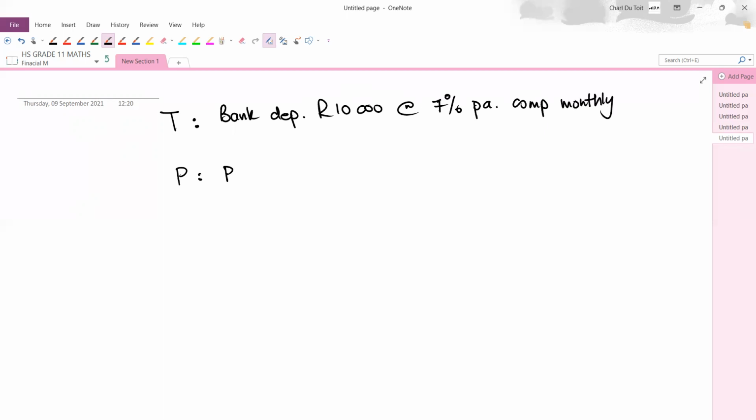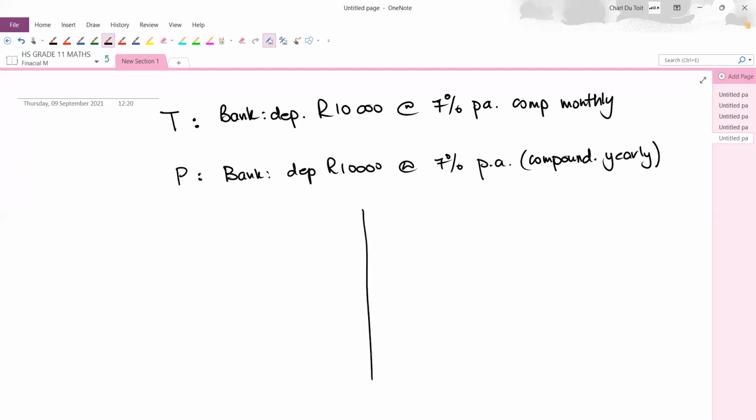And Peter is also going to go to the bank and deposit 10,000 rand at 7% per annum. This means compounding yearly, so compound annually. We're going to work out both of these.